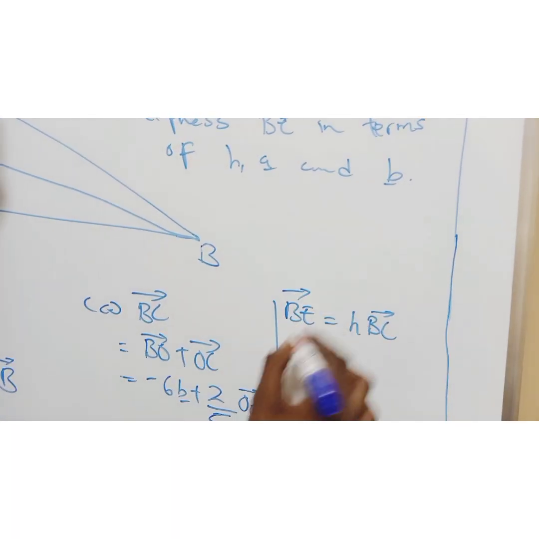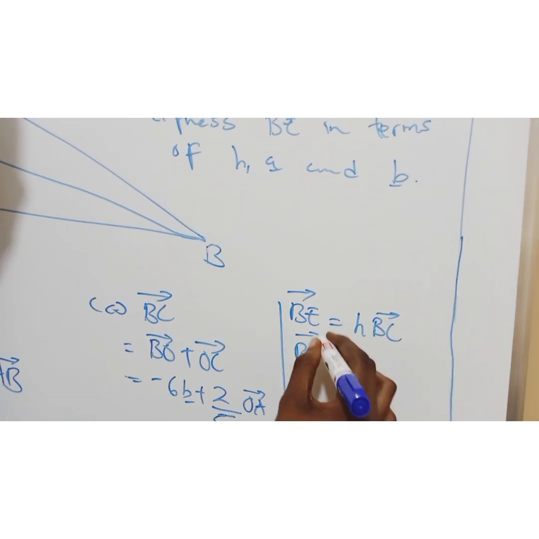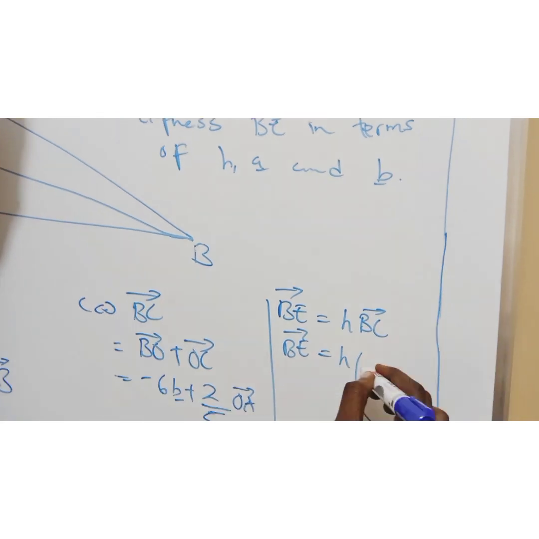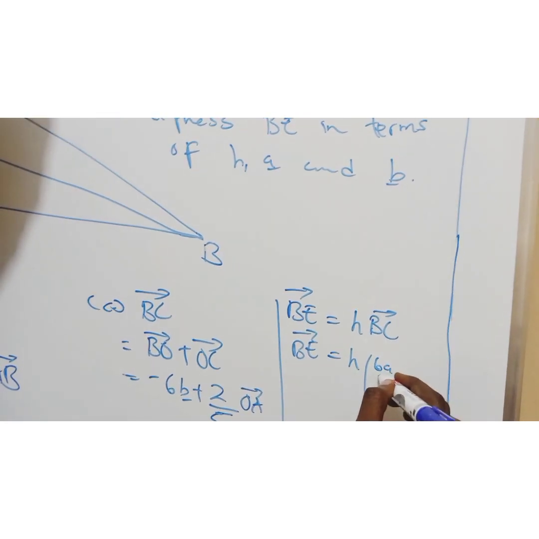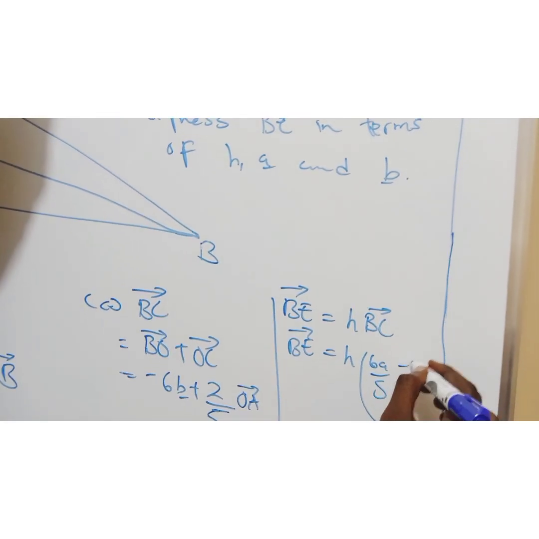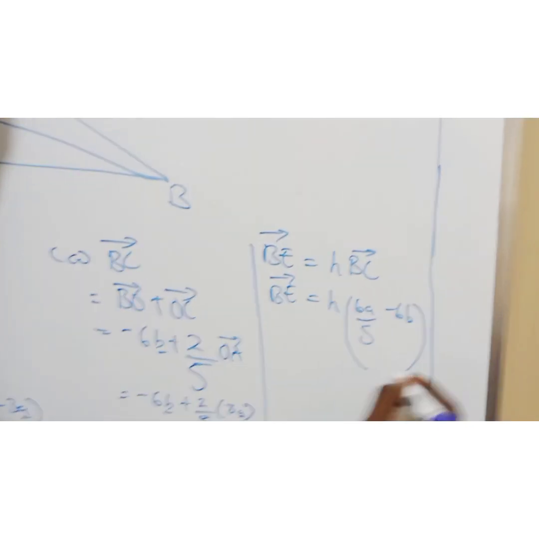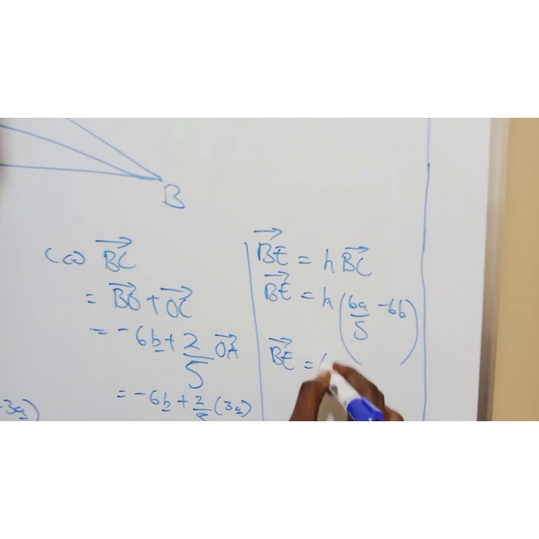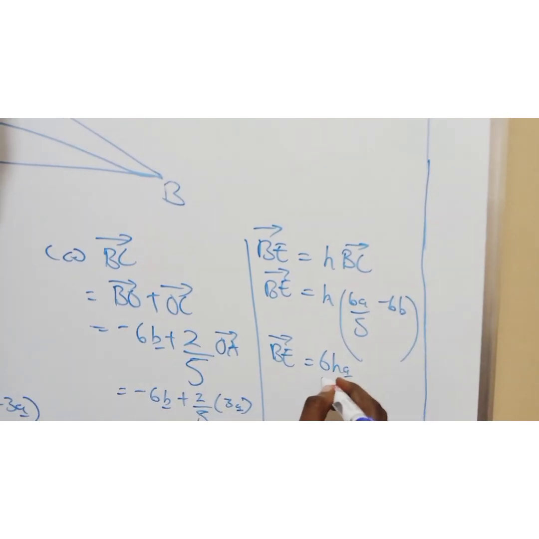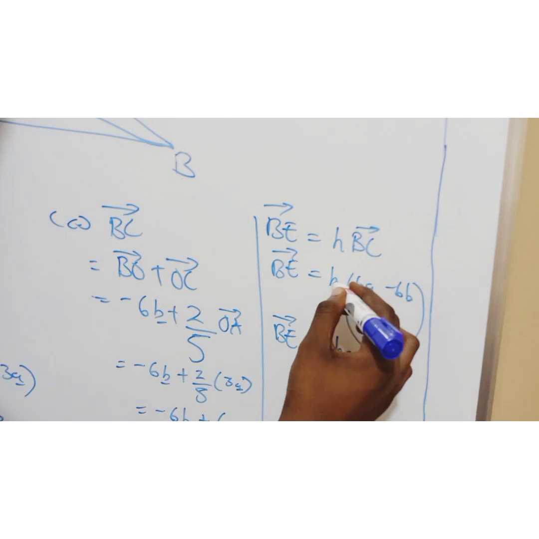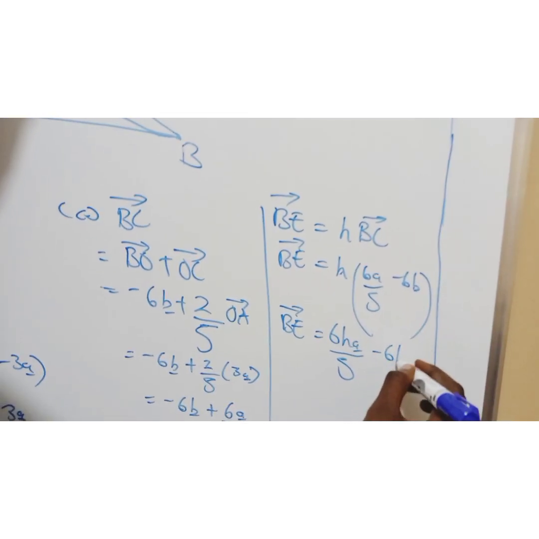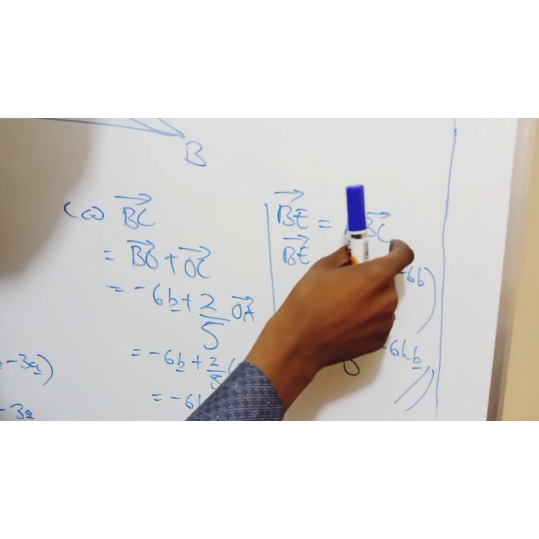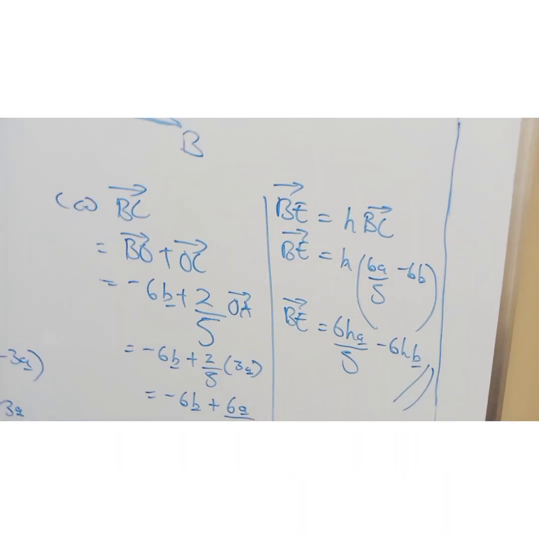So we have BE is equals to, put your H, you are just from finding BC, which we found 6A over 5 minus 6B. So we have BE is equals to, this times that is 6HA, always the H should be in front, H times that, 6HB. Done. It's just about this H multiplying what you're just from finding. Let's look at our final example.